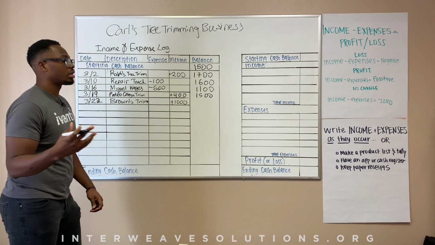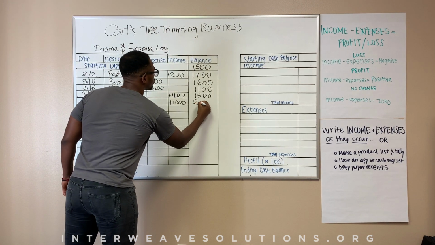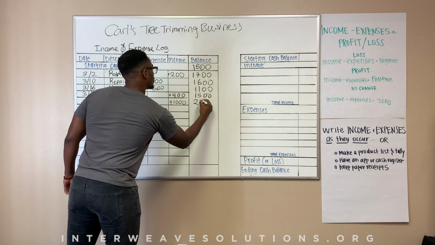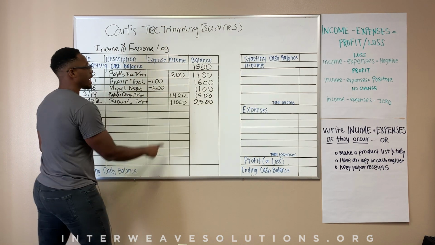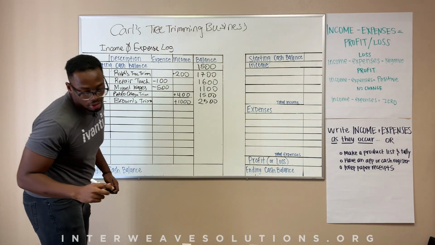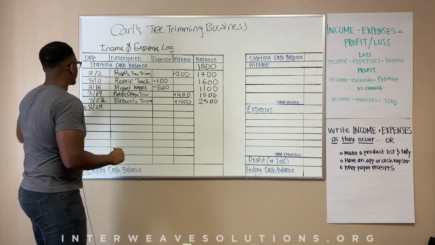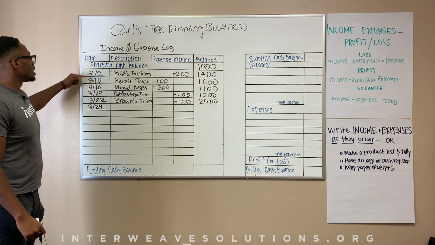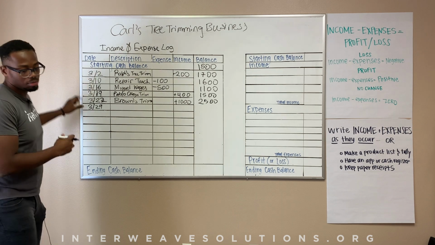We cut his tree and did some work for him, and that would amount to 2,500. How we got to this amount was adding $1,000 to 1,500. You can see that this is in the month of March, so we're keeping track of what happened in the month of March.